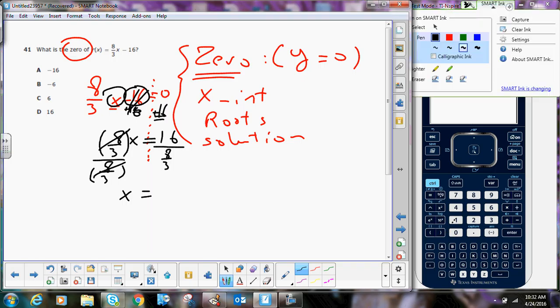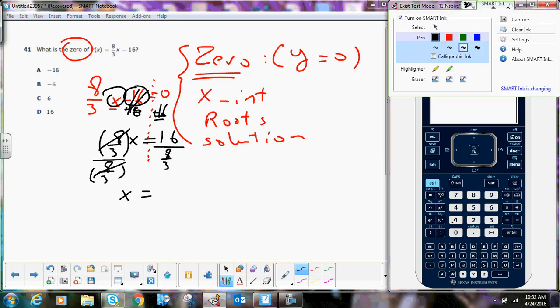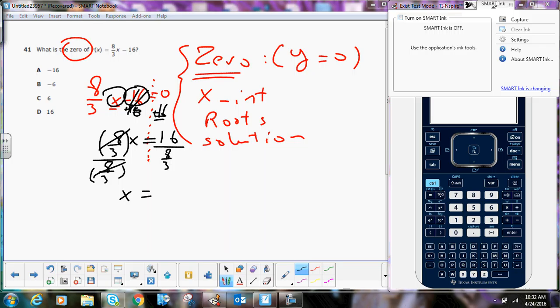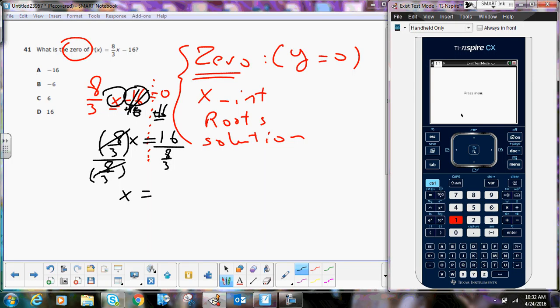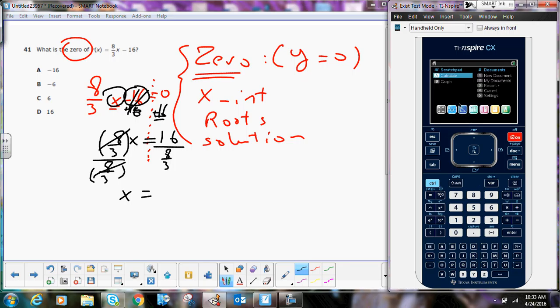Okay, let me enable the smart thing. Okay, so 16 divide, so control division. So let's go to calculate.